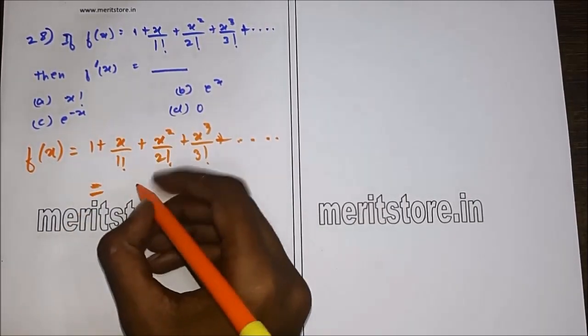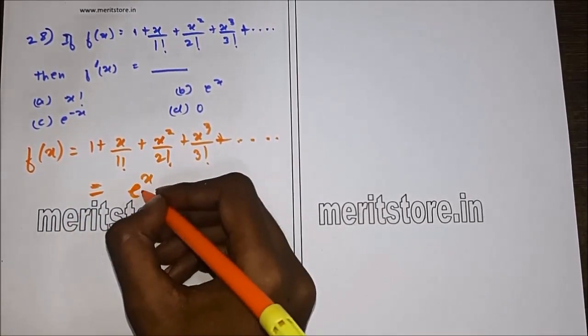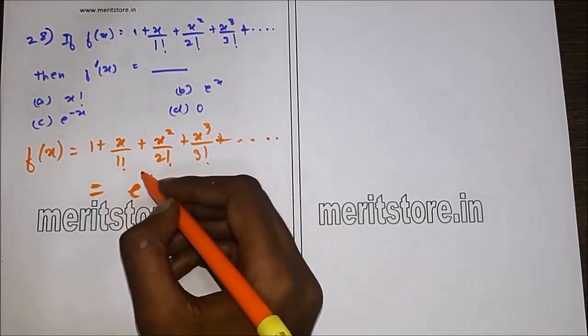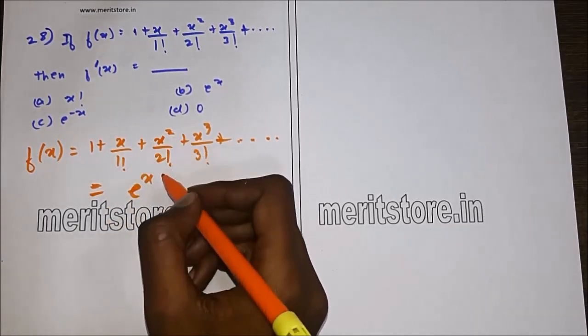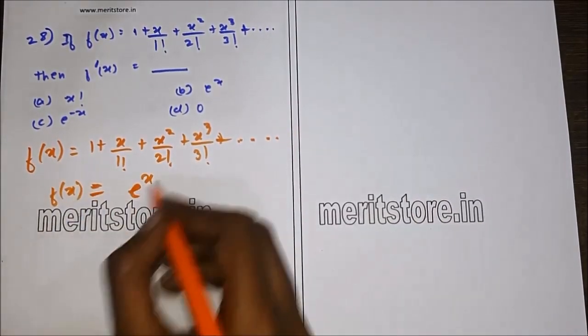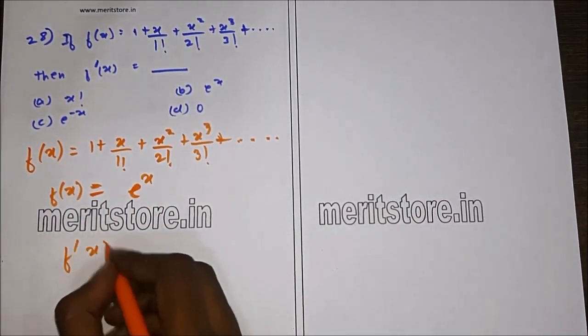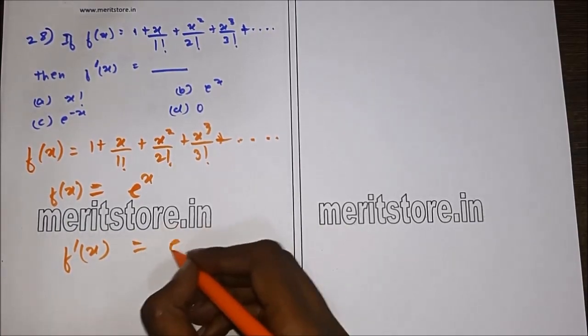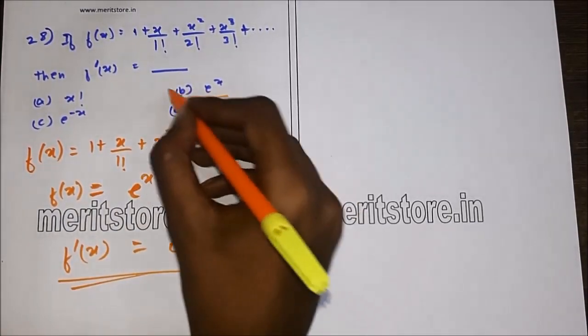This is defined as e raised to x. The definition of e raised to x is 1 + x/1! + x^2/2! up to infinity. So f of x is e raised to x. Therefore f dash of x is again e raised to x, which is option B.